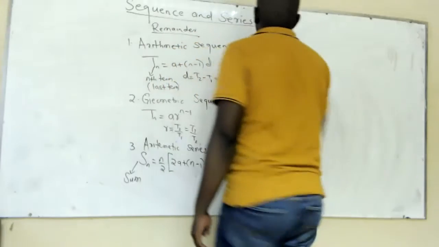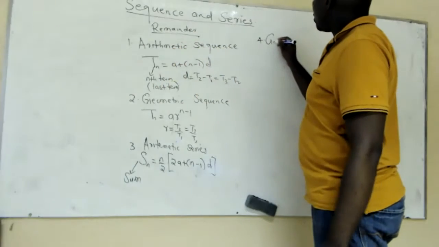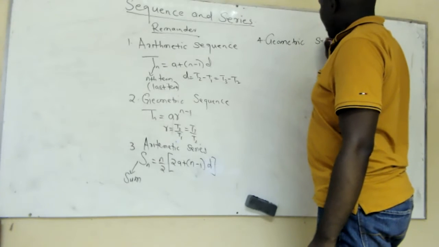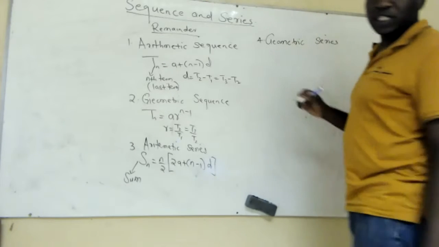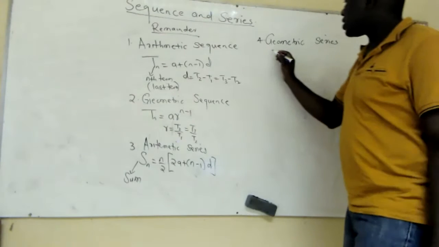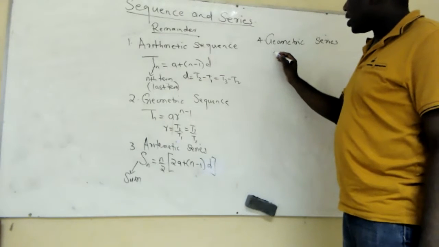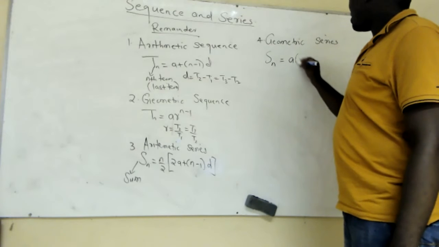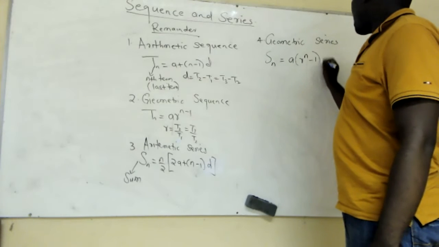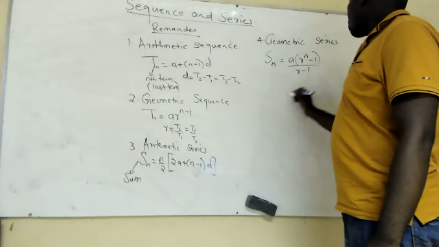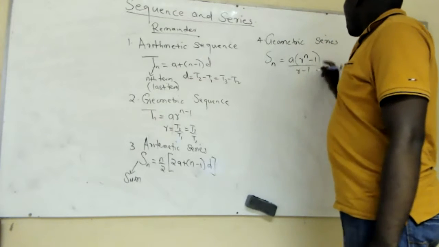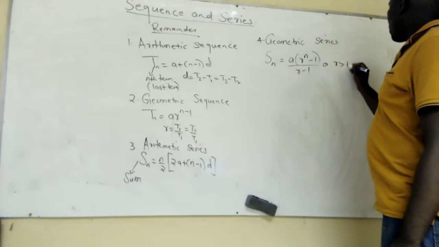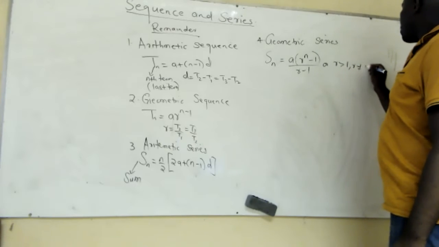And then number 4 is what is called geometric series. So what is a geometric series? A geometric series is a series given by the formula Sn equal to a times (r to the power of n minus 1), all divided by r minus 1. This is when r is greater than 1, but r must not be equal to 0.